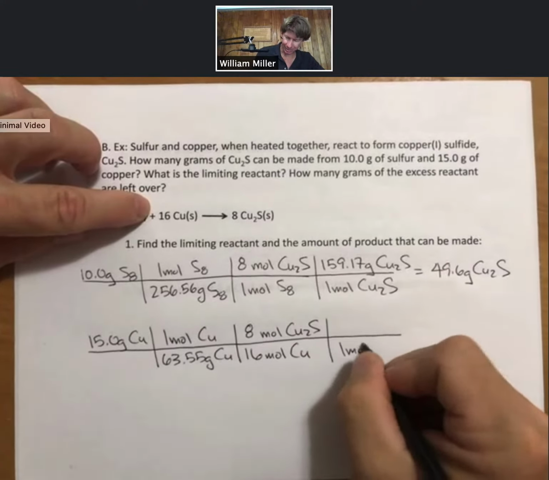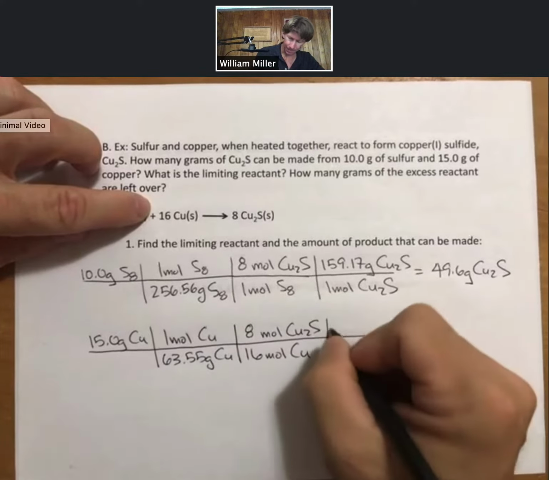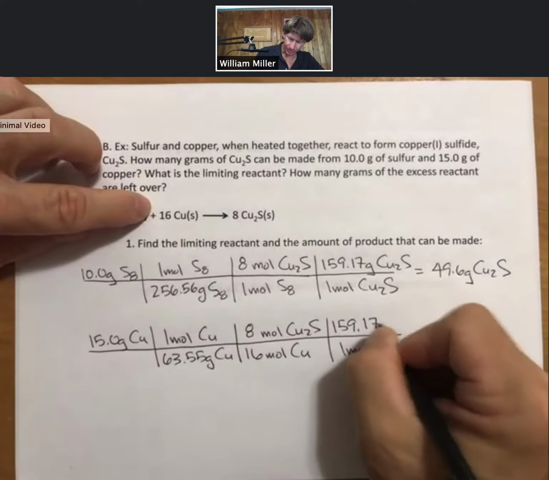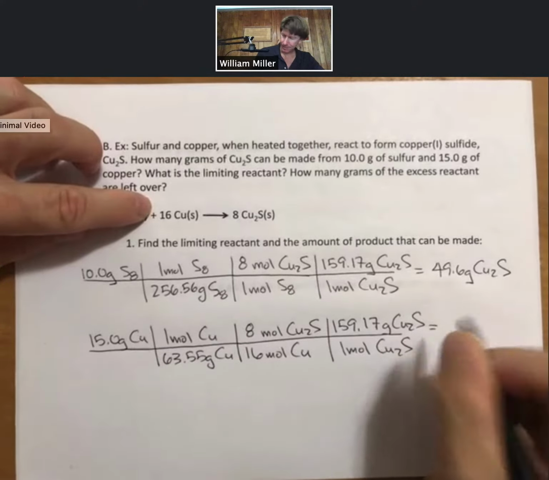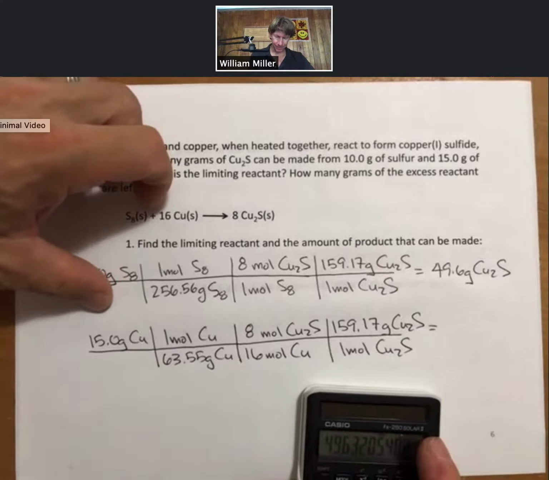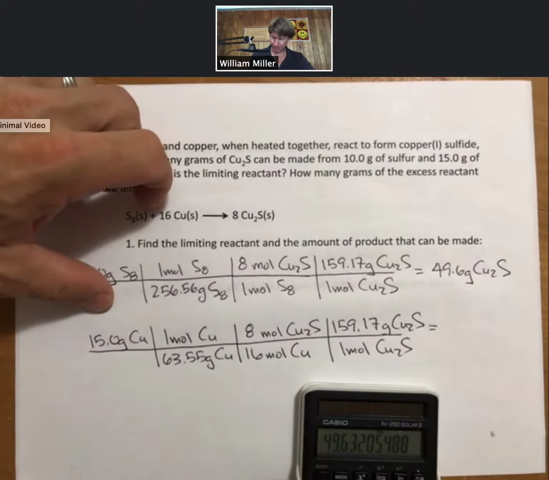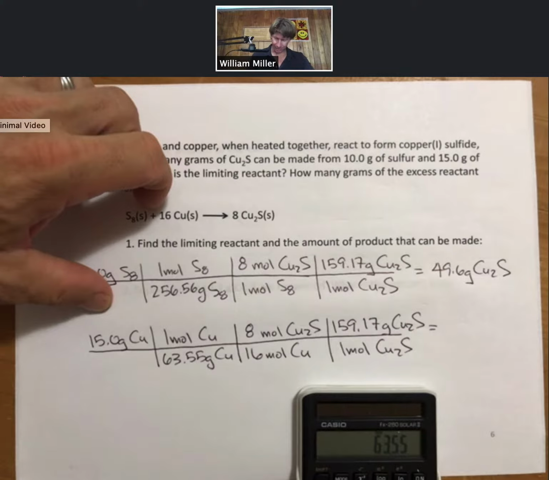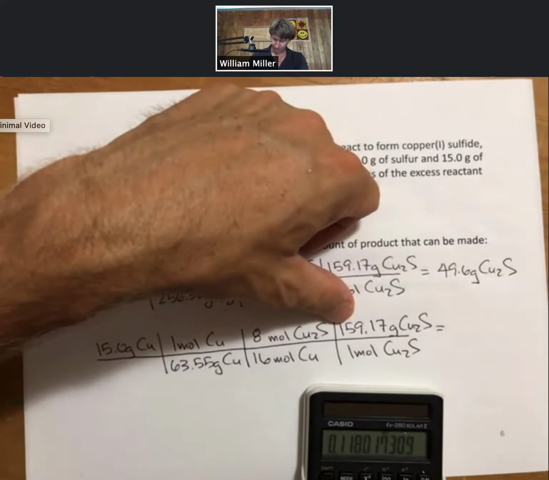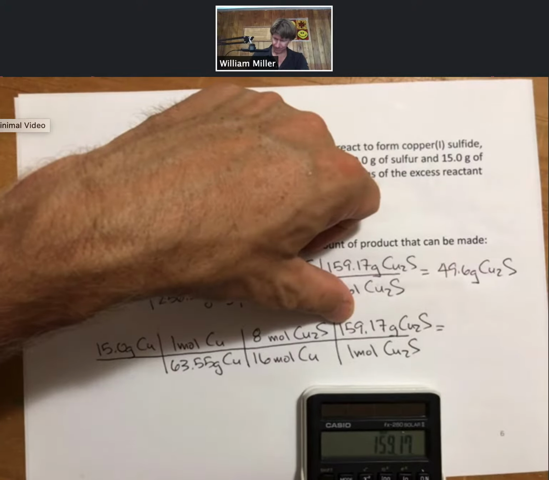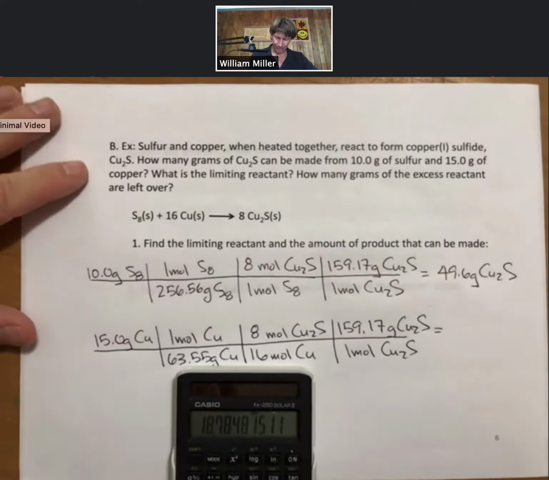And the last step is the same in my approach. All right. Yes, everything looks good. 15 divided by 63.55 times 8 divided by 16 times 159.17, 18.8.